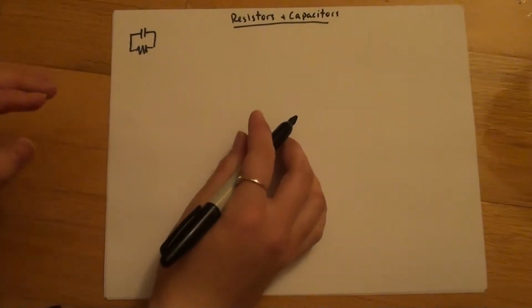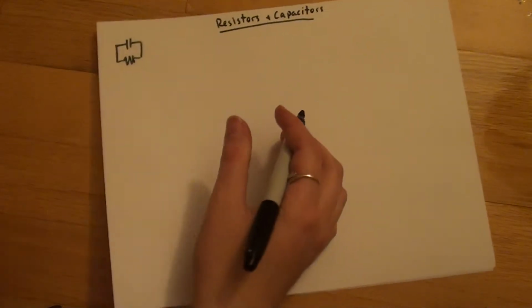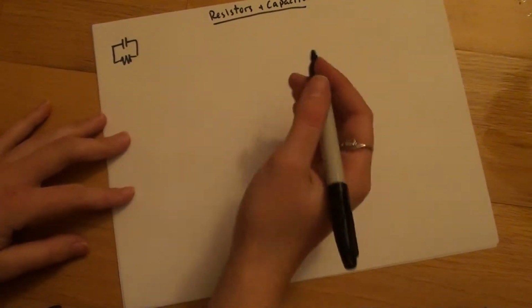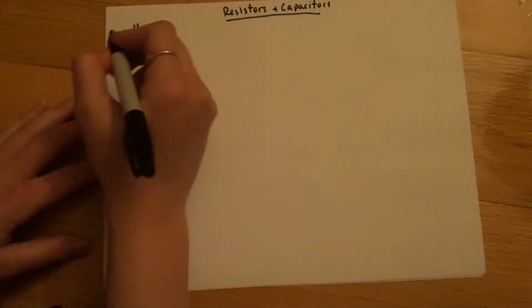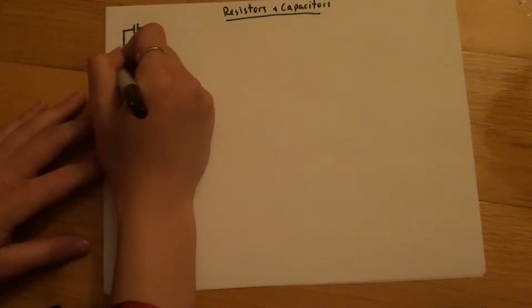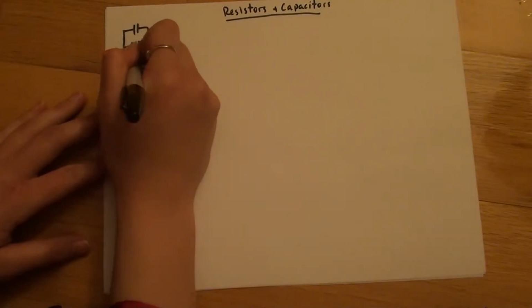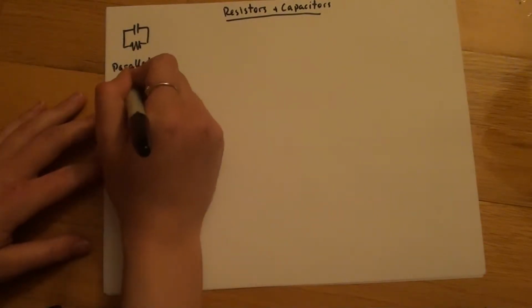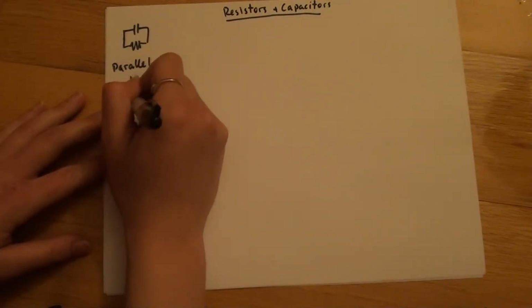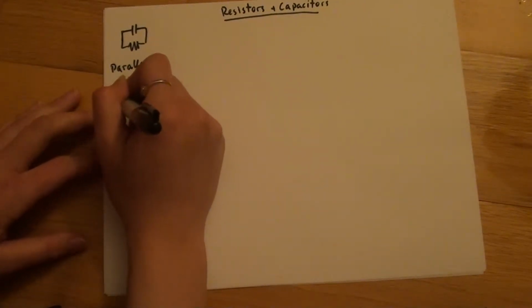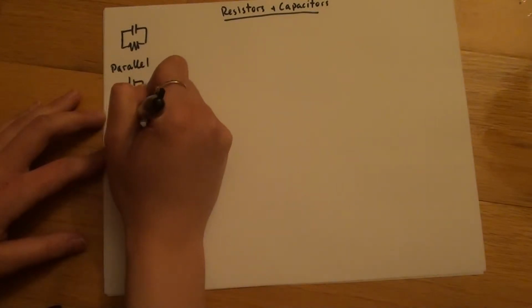But for now, I just want to look at the basics of resistors. So let's see how we can connect the resistors differently in a circuit. So, resistors. There are two ways to connect: parallel, which has a battery here, and a resistor here, and a resistor here.